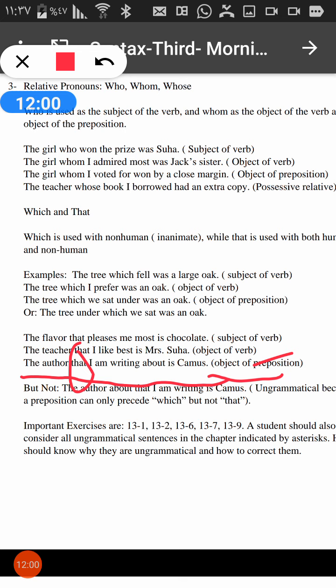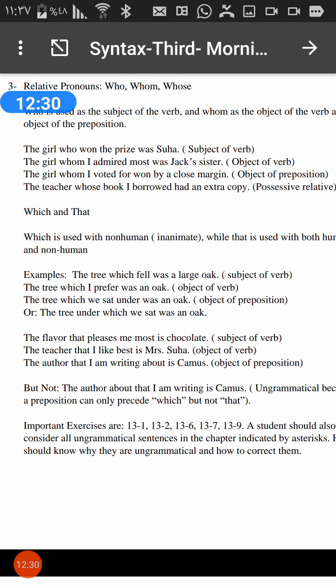So once again, which is always used with inanimate, non-human nouns, and it is used either as the subject of the verb, object of the verb, or object of the preposition. That is used with either human or non-human, and functions as the subject of the verb, object of the verb, and object of the preposition.